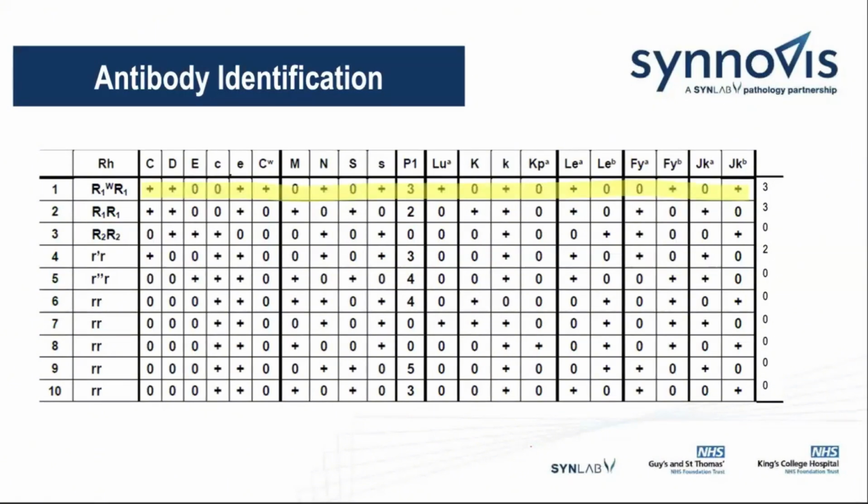The first thing I do is I highlight those lines that are positive, because I do not want to exclude any antibodies on a positive line, because there is a potential for that antibody specificity to be there. I then start working through to exclude the other antibodies there.